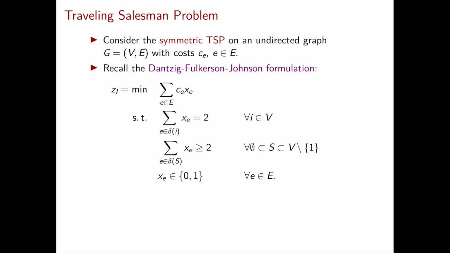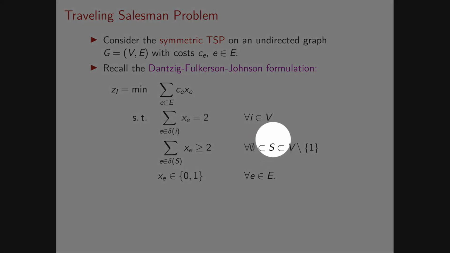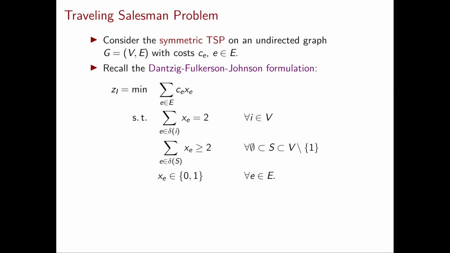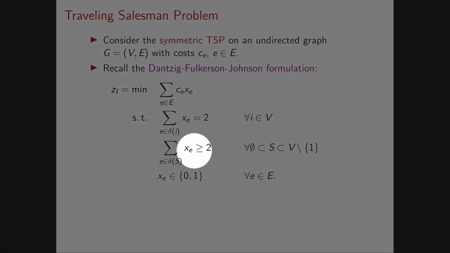Well, the reason is very simple. In fact, for every set S that is contained in V, non-empty and not equal to V, if we take the inequality corresponding to S and the inequality corresponding to V minus S, you obtain the same exact inequality. So among these two, for every set S, you can keep only one and you can always throw away the one containing node 1.